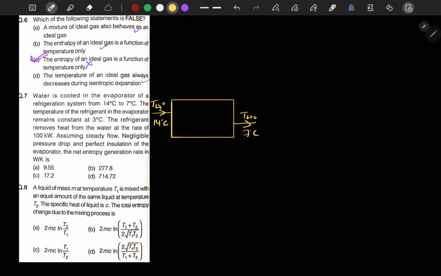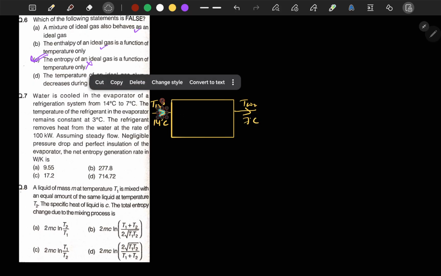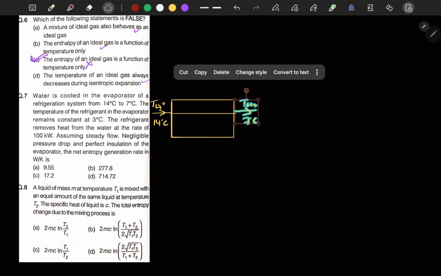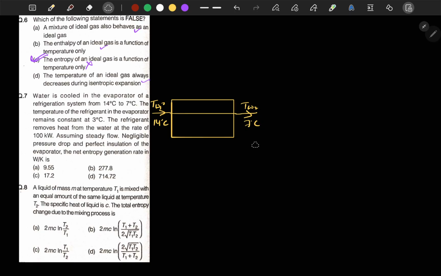Now it is mentioned that evaporator temperature is constant. The temperature of refrigerant is constant. Let's say this is the water. Okay, so temperature of refrigerant is equal to 3 degrees Celsius.